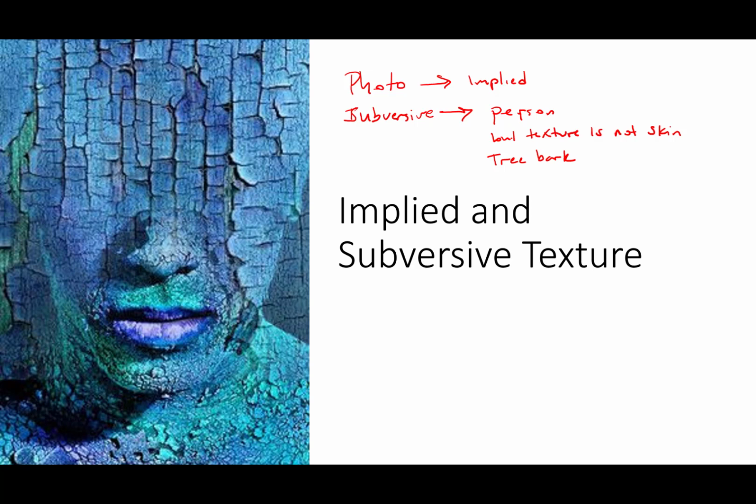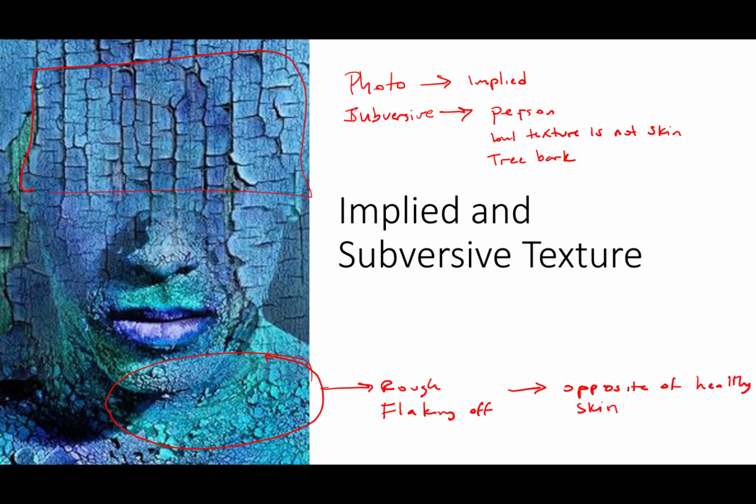And then you get a whole unique experience. Instead of just looking at a person in a photo, you're looking at this various texture here, even on here, and having a sense of it being rough and flaky, like it is flaking off. That's what it kind of looks like. So it's either the opposite of skin or healthy skin, right? So that's one thing where it looks or feels a little weird.